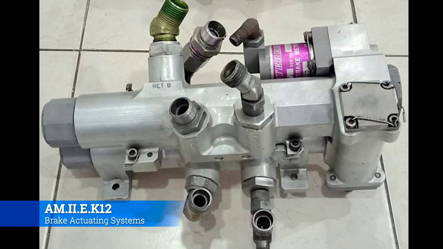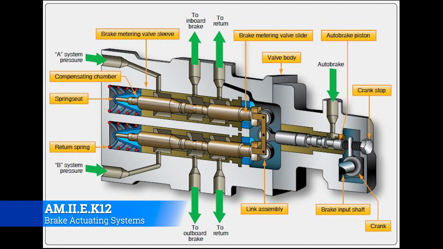Now, here's a cutaway with a sequence of how a brake metering valve makes sure that all of the brakes get the pressure they are entitled to for proper operation. So a machined slide or spool moves laterally to admit the correct amount of hydraulic fluid to the brakes.